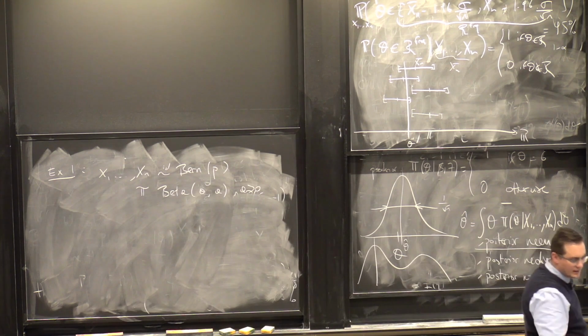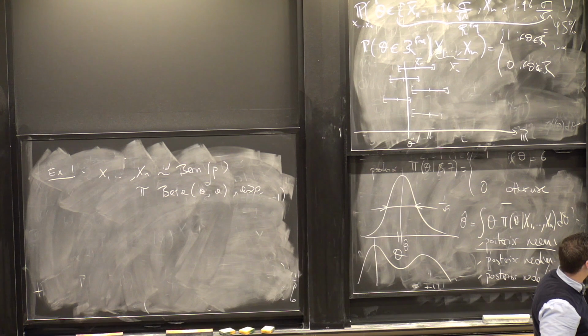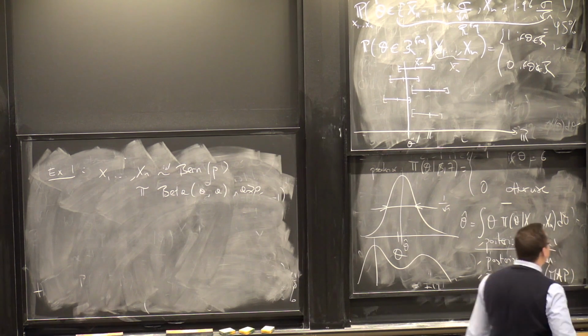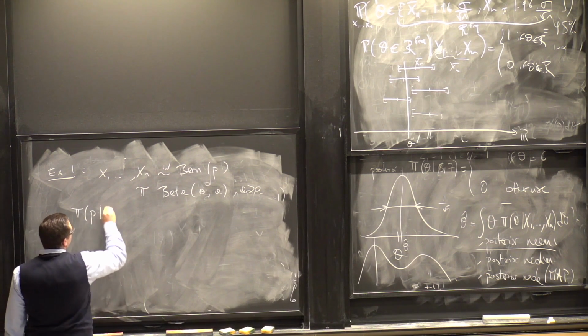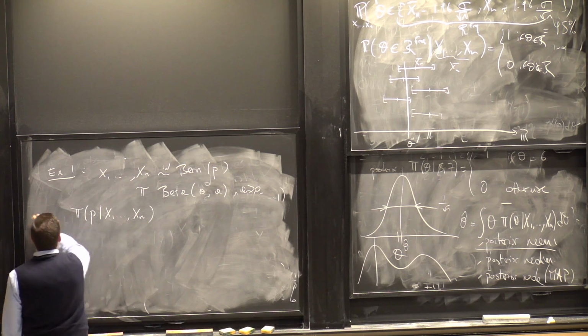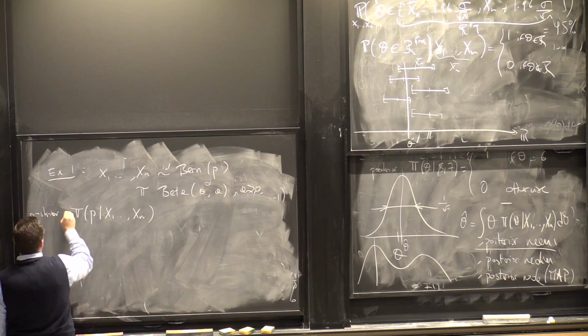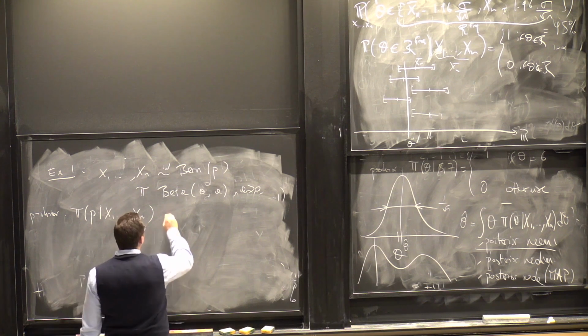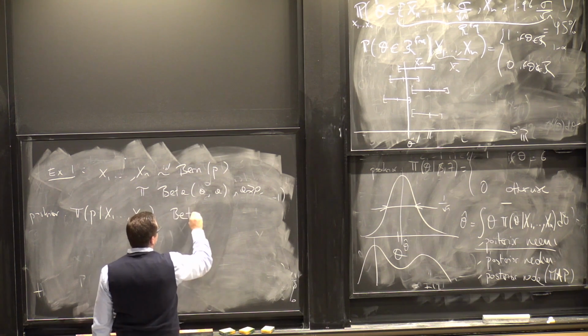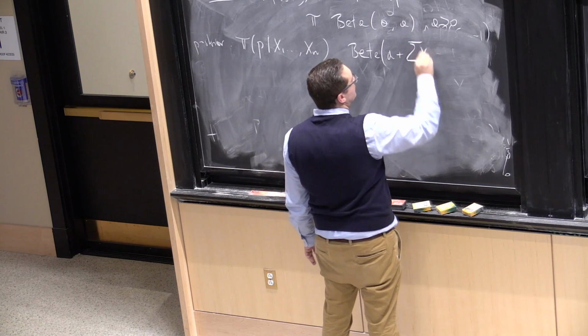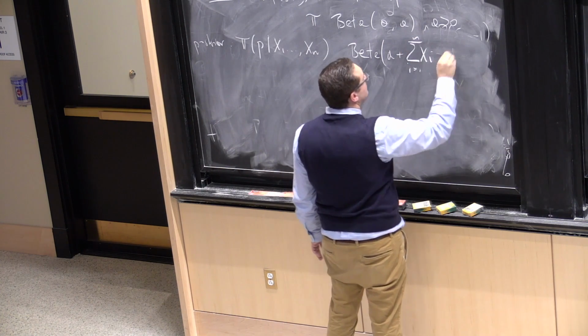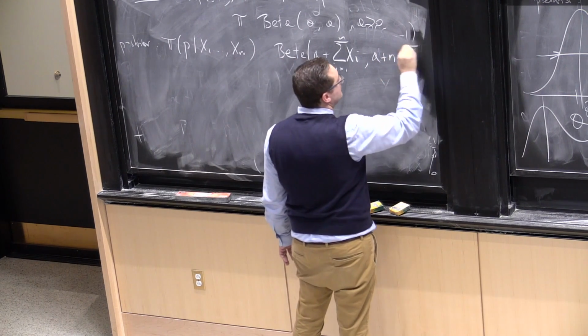If I go back to what we computed, you can compute the posterior of this thing. Sorry, that was uniform. What we get is that the posterior is a beta with parameters a plus the number of ones and a plus the number of zeros.